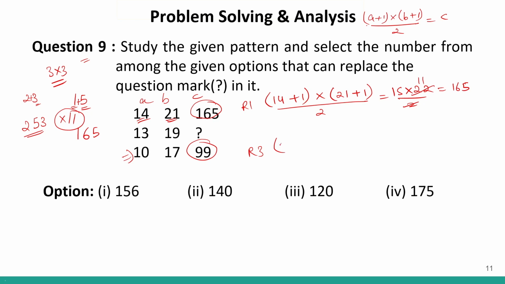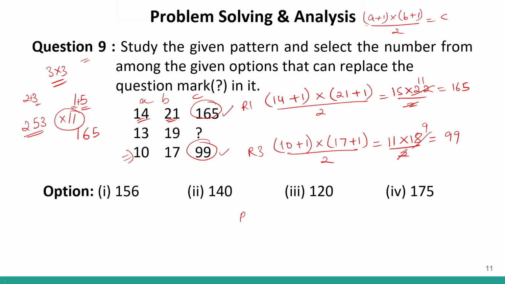So row 3, 10 plus 1 into 17 plus 1 divided by 2. So this will be 11, this will be 18 and we will divide it by 2. So this will be 9, and 9 into 11 is 99. So this also is true, 165 and 99. So this logic will be true.